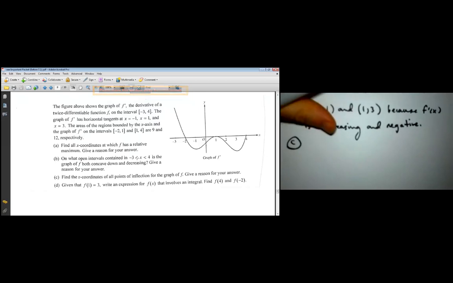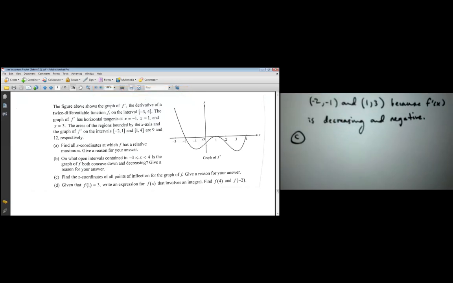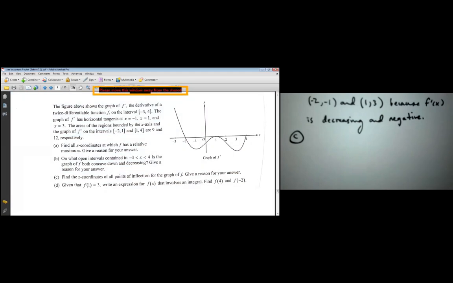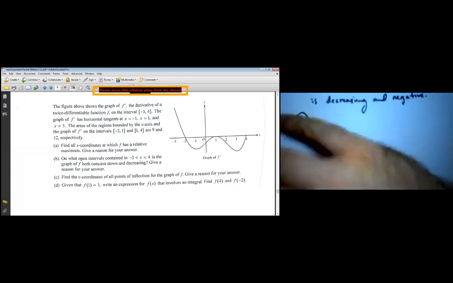And then remember how we have to group it based on the way it turns? So do you see how at -1 and at 3, the graph turns the same way, and then at 1, it turns a different way. So you want to group these based on the way it turns.